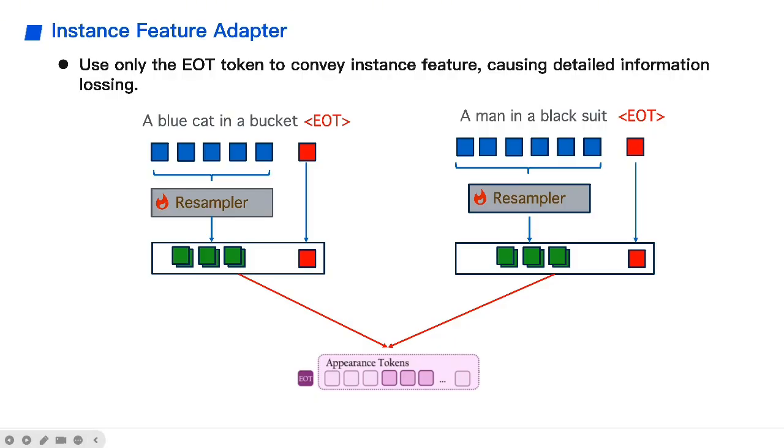This design elegantly addresses both problems. First, it avoids the overhead of processing all 77 tokens per instance. And second, it removes redundant information by focusing only on the meaningful parts of the input.